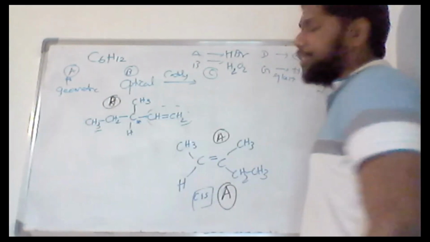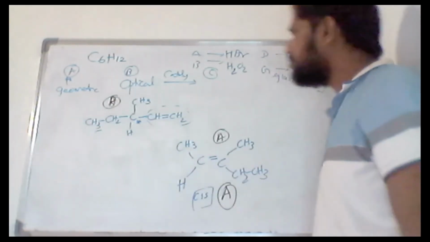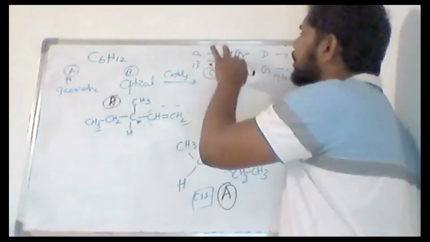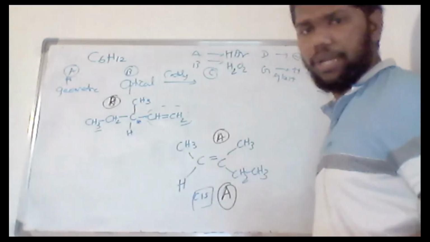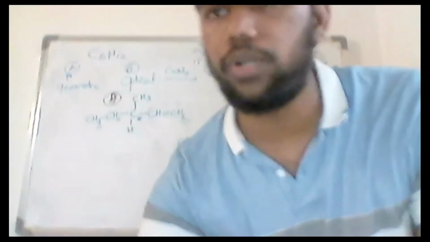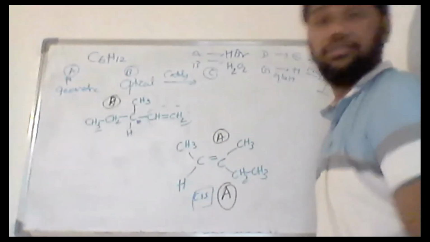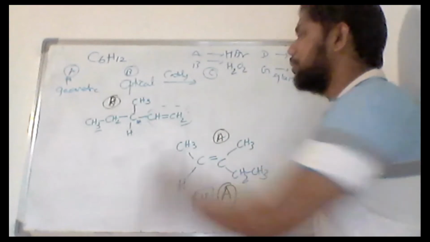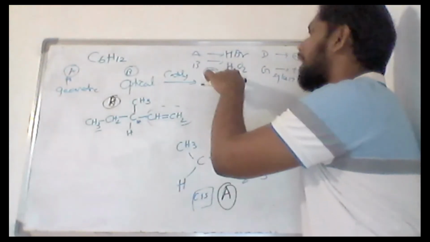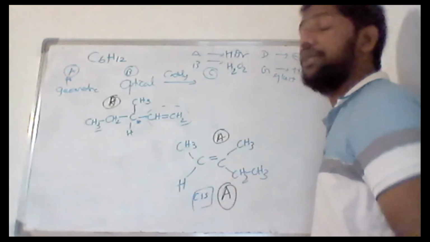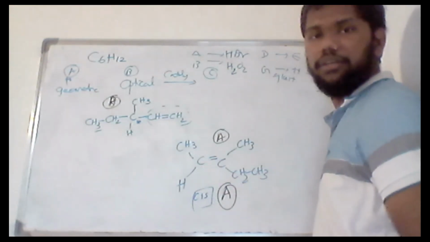So when you add HBr with peroxide, what is going to happen? When you add HBr, normally according to the Markovnikov rule, the hydrogen will be added to the most hydrogenated carbon. But when you have peroxide, it will happen in the reverse order, the anti-Markovnikov rule.